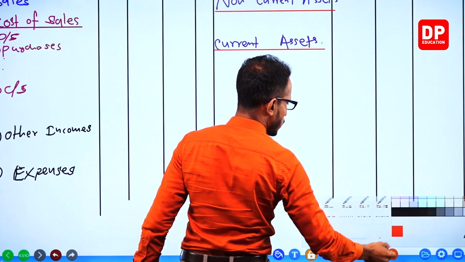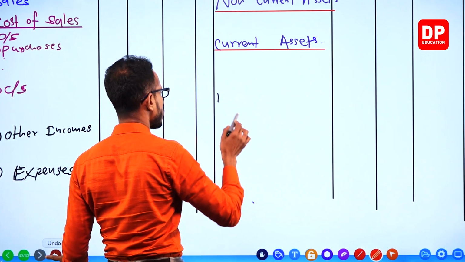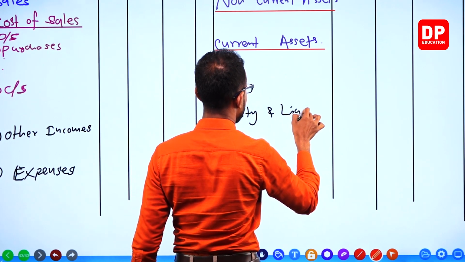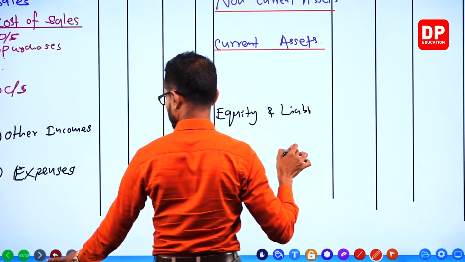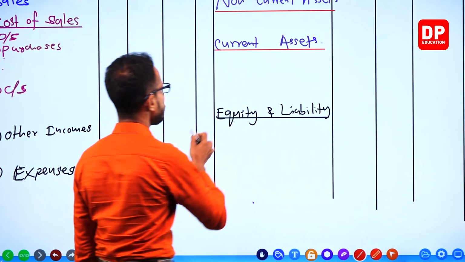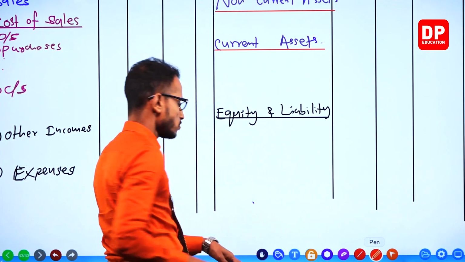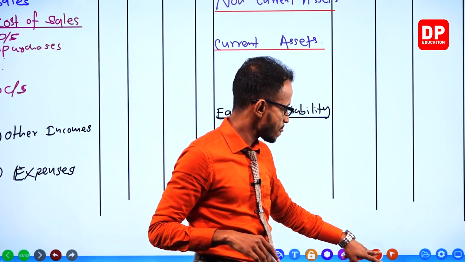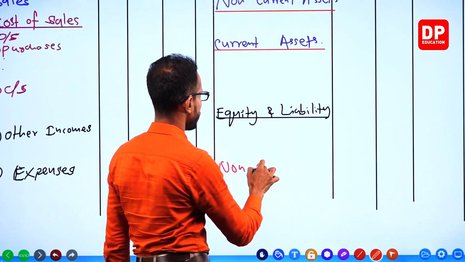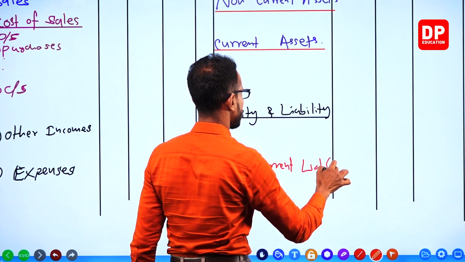Then we have the equity and liability part. Equity and liability means first equity, then liabilities: non-current liabilities, then current liabilities.